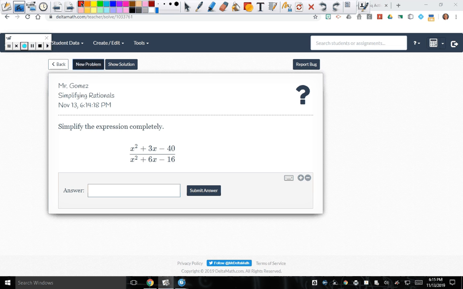So if I had 3 times x squared over x, I can cancel that to 3x over 1 because the x is canceled. But if it was adding, I can't cancel this just to 3 because I can only cancel between multiplication, not addition.